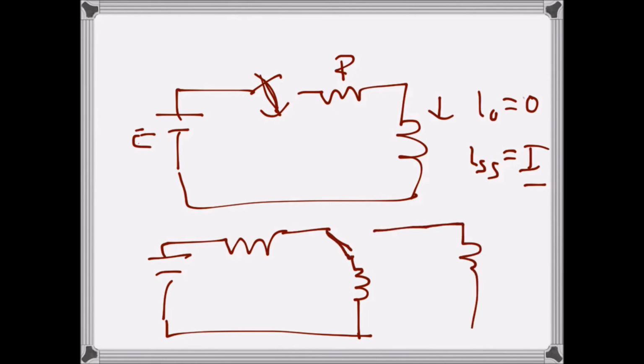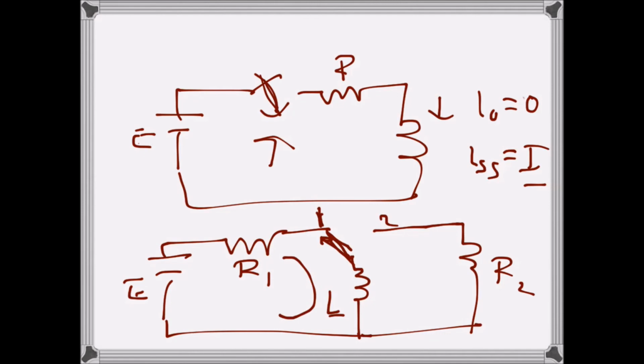Let's say there is another resistance here, let's call it R2, and this is R1, this is our E, and this is our inductance. So initially this is our switch, this is position 1 and this is position 2. When the switch was at position 1, we had a current build up from 0 to E over R1.